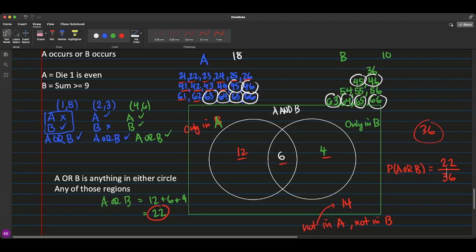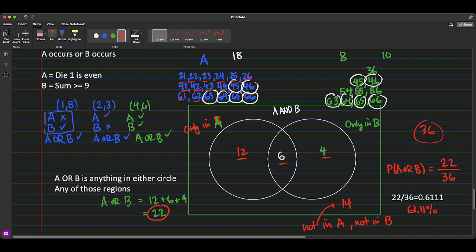You get 22 out of 36. Which, let's calculate it, is .611, which is 61.11%.